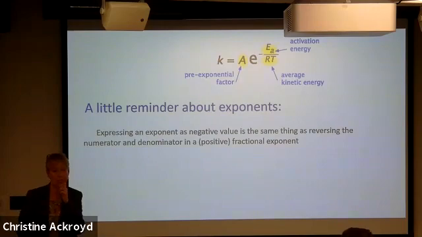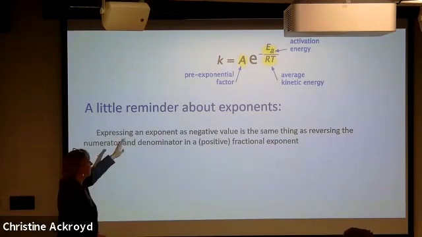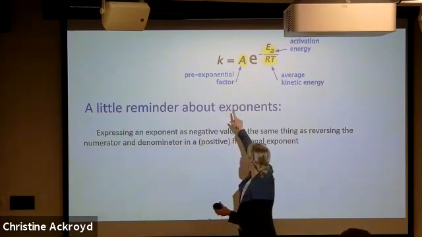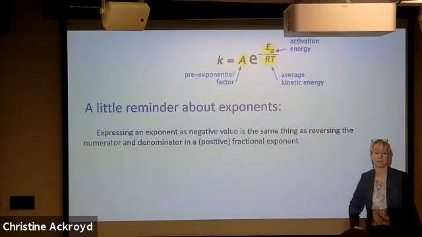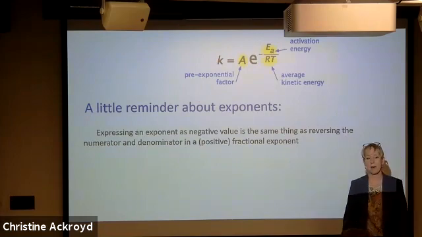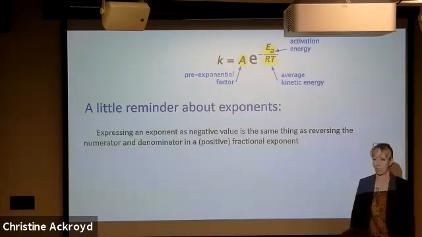One thing to keep in mind as you read the equation: the Arrhenius equation is typically expressed as a negative exponent, right? How would you express it as a positive exponent? Can you do that? Just flip it.